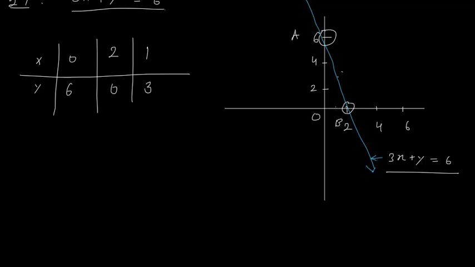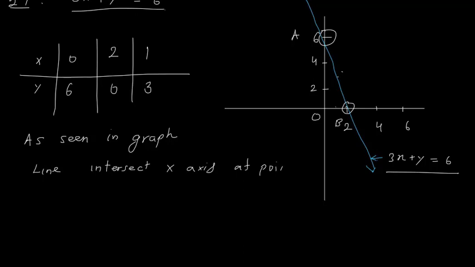So first I will write, as seen in the graph, the line intersects the x-axis at point B. We have marked the B point here.